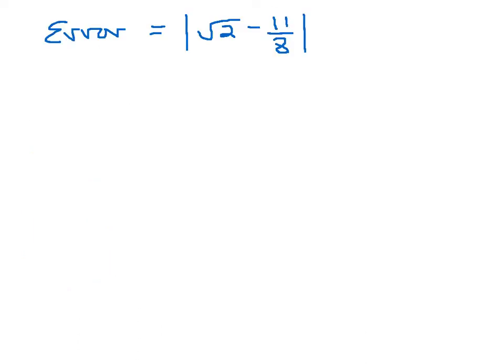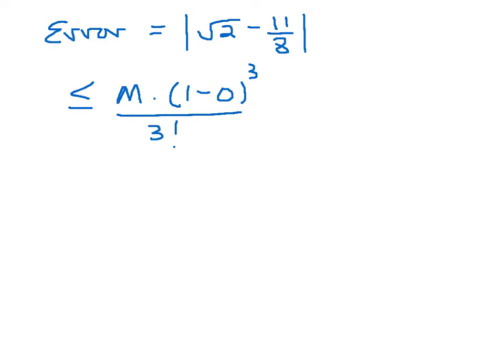So the error is the actual value for f of 1, which is the square root of 2, minus the approximation, which we got with the second degree polynomial, and we found that to be 11/8. And so this error then is going to be less than or equal to some number m times 1 minus 0 cubed over 3 factorial.